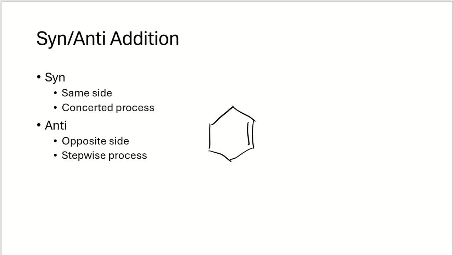For syn and anti-addition, basically, syn addition means you add to the same side. So if I added X and Y, and I did a syn addition, we would get X here and Y here. Or I could have had both of those as dashes.